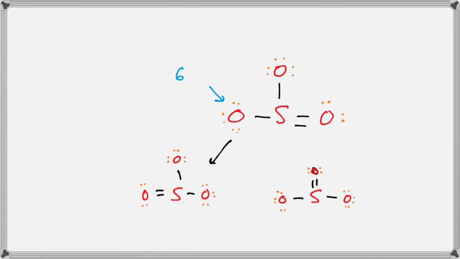How many electrons are not in bonds? 6. How many bonds? 1. That gets me a formal charge of -1. I don't have to calculate it for the top one because it's the exact same system. I could go through and look at it for the right one, and what I would find is it comes in as neutral. I don't have to specify the neutral. In fact, people get obnoxious if you specify it as neutral.